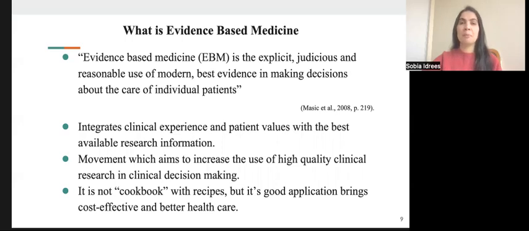If you want to prepare a dish, you just look at the recipe and then use it. No, it's not like that. Evidence-based medicine requires good application that brings cost-effective and better healthcare. So I'll talk about a bit of detail of this concept.